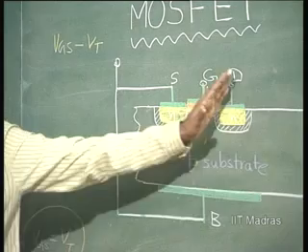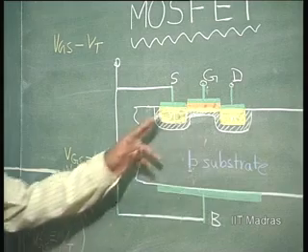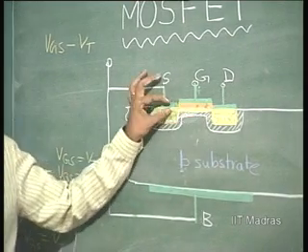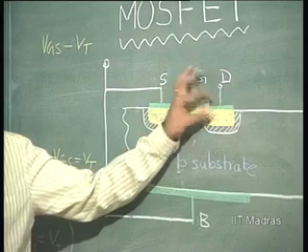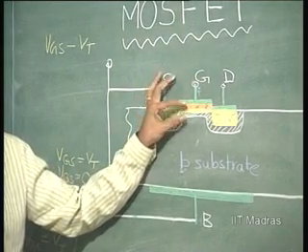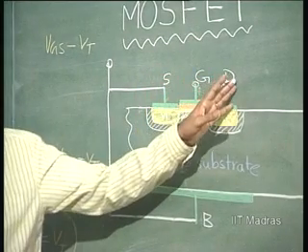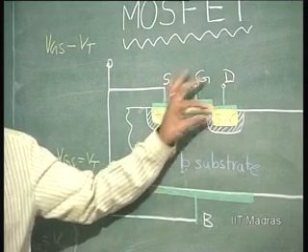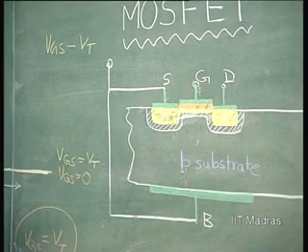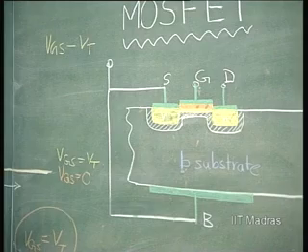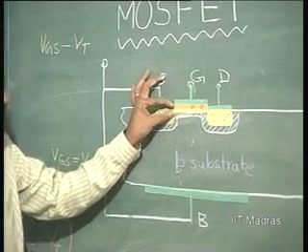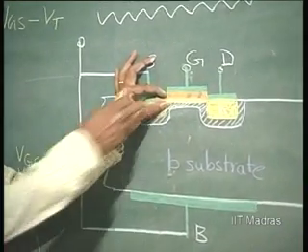As long as VDS is still 0, it looks just like an ordinary resistor. The width is uniform throughout. VDS is 0, so VGS and VGD remain the same, and therefore the width here is uniform. So you can treat it as a plain good old resistor of a certain width in this direction, certain depth here, certain length.